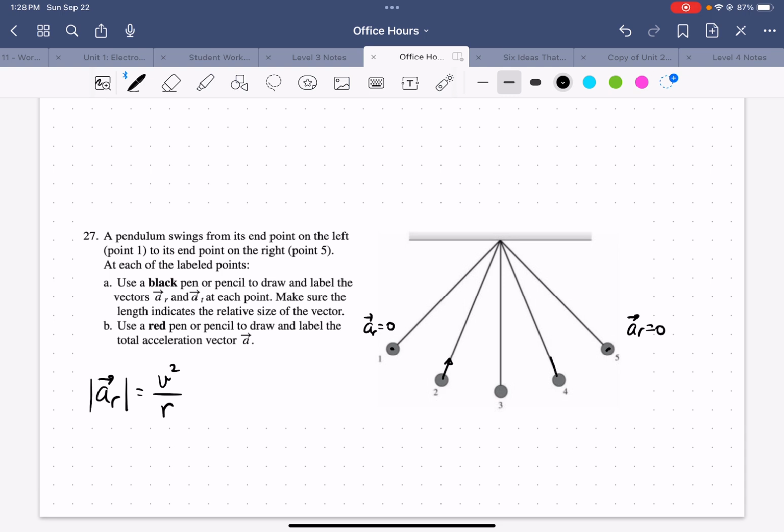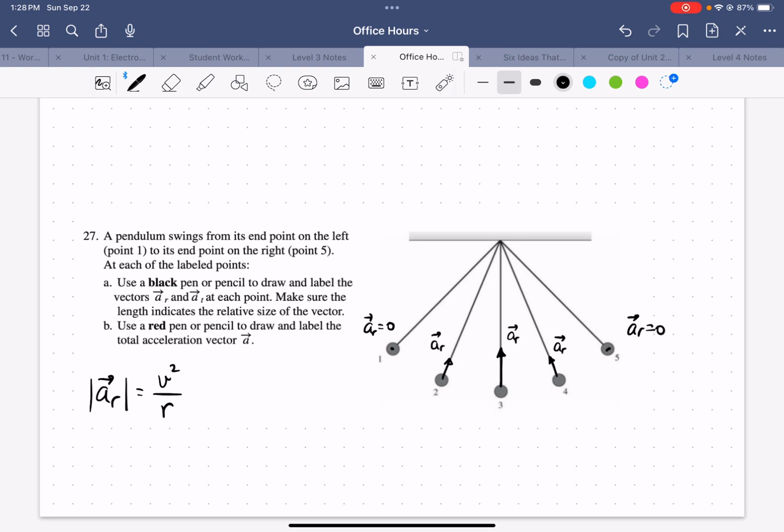And then at point 3, the pendulum will have its maximum speed, so it should have its maximum radial acceleration at that point. Okay, so we have this component of acceleration pointing up towards the pivot of the pendulum that sort of increases as the pendulum gains speed and then decreases back to 0.